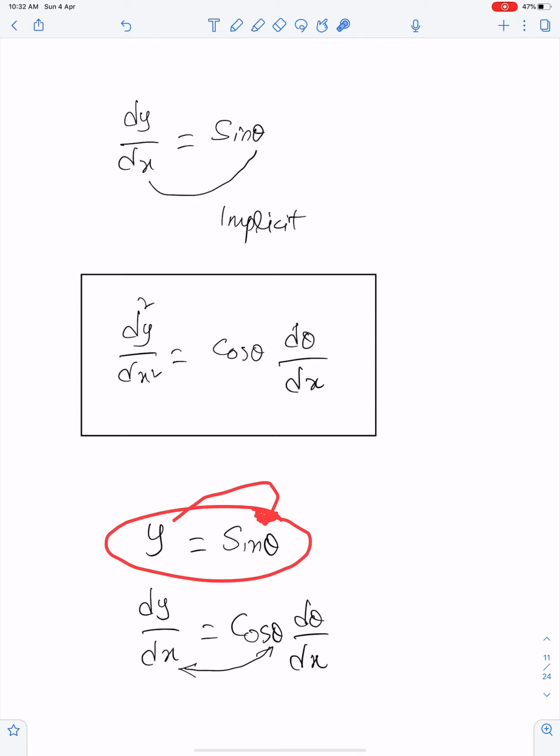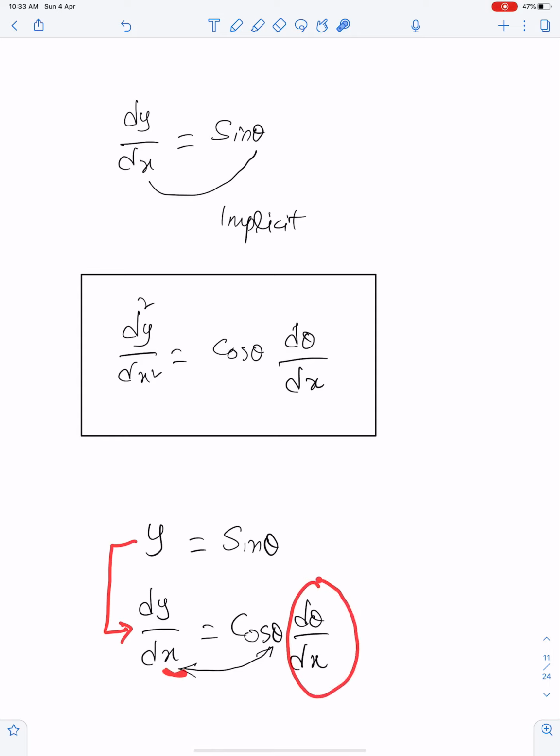So this equation will become an implicit function. So you need to write d theta upon dx here. So if you are differentiating this with respect to x, make sure you multiply your answer by d theta upon dx because of implicit functions.